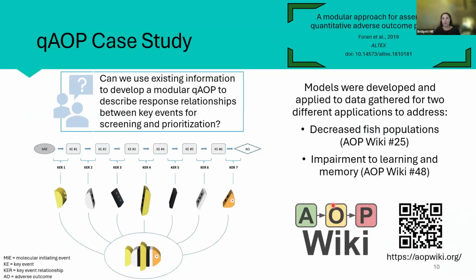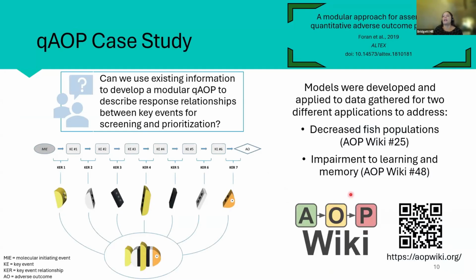So I'm now going to walk through a case study by Foreign et al., and they use existing data to develop a modular QAOP to describe response relationships between key events for screening and prioritization.